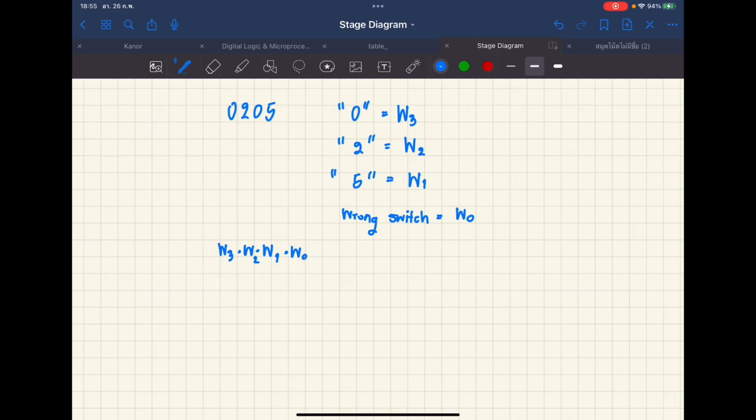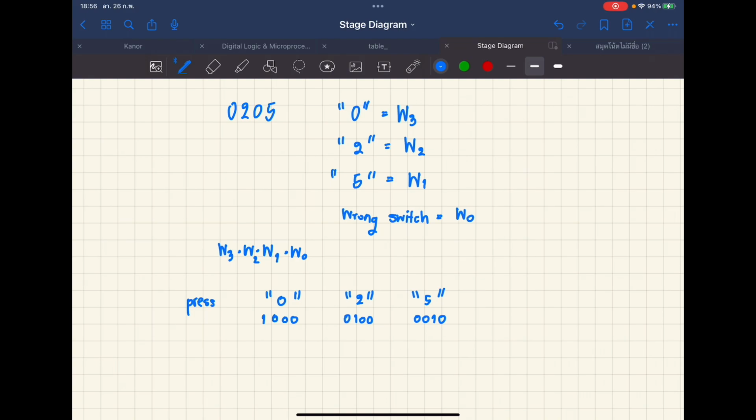So we're going to write: if we press 0, it's going to be 1 0 0 0, and press 2, it's 0 1 0 0. Press 5 is 0 0 1 0, because 5 is W1.